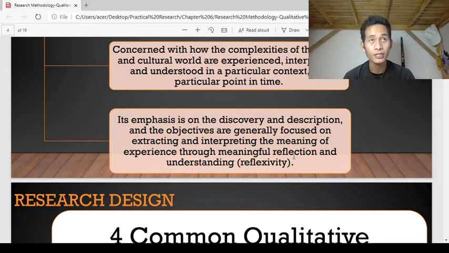In qualitative research, diba, the researcher must give enough time in personally experiencing the context and personally gathering the data.